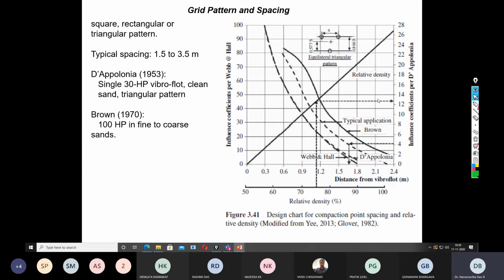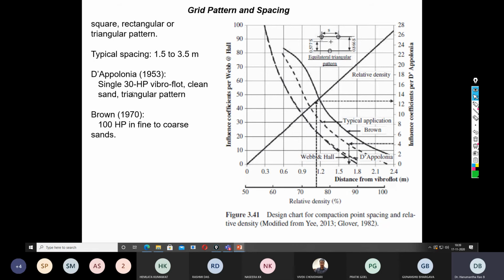D'Appolonia proposed this for a single 30 HP vibro float, and Brown and Webb proposed it for a 100 HP probe in fine to coarse sands. So this graph is used by two groups, Webb and Hall, and D'Appolonia, who worked on two different vibro floats.